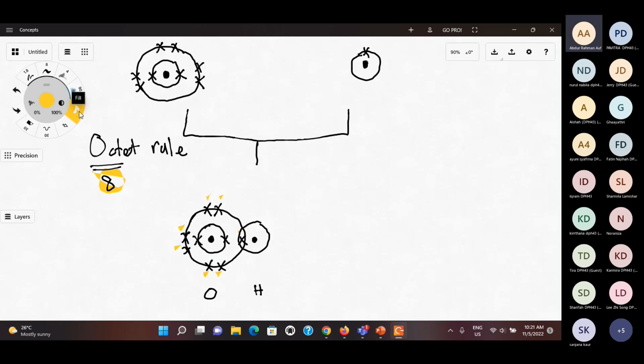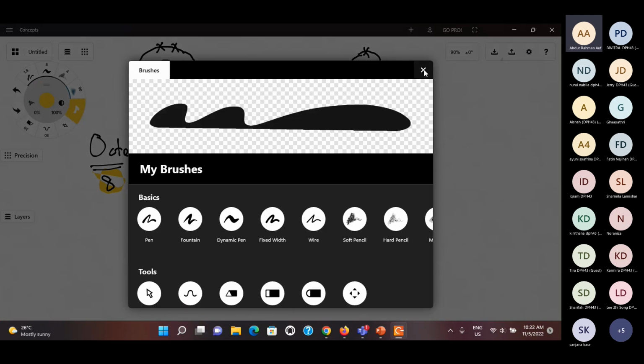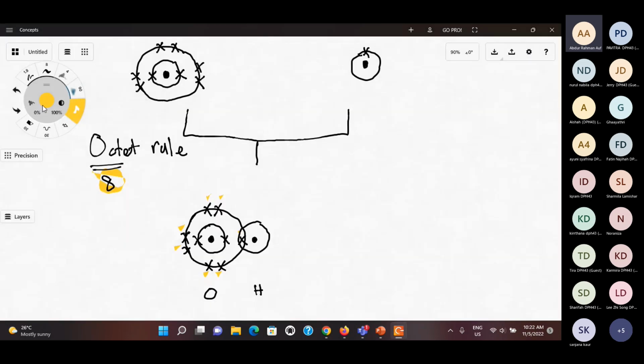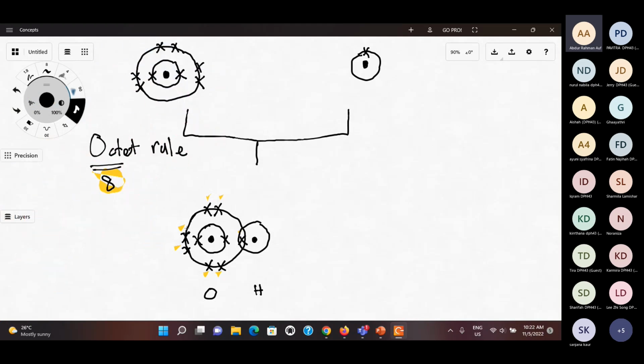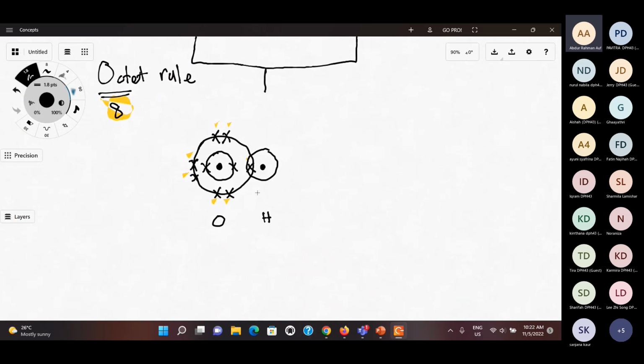Imagine there is another atom here of hydrogen. It sits here, so there is another electron here.